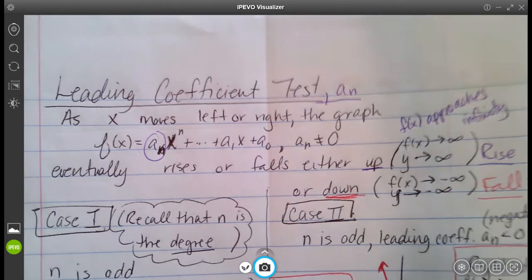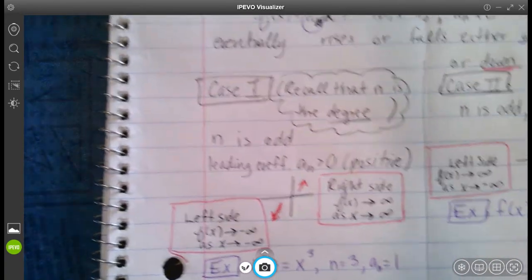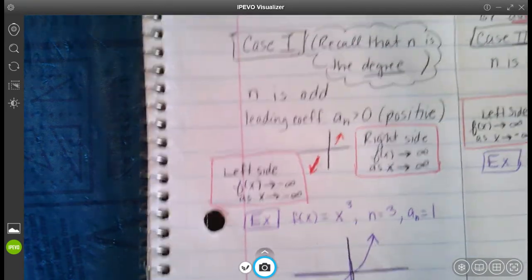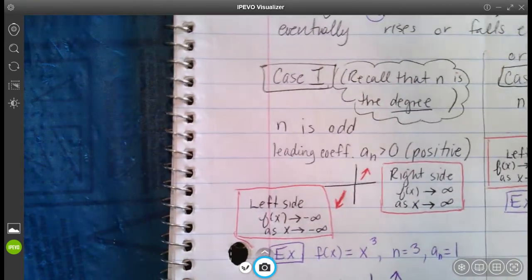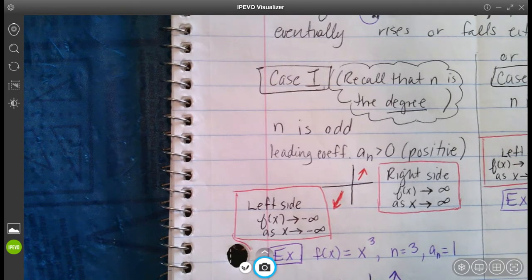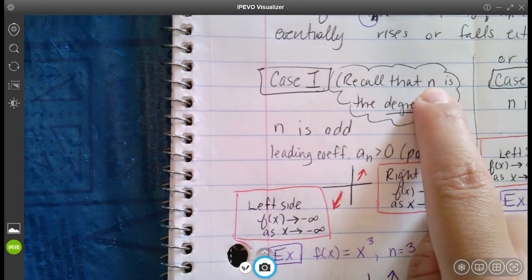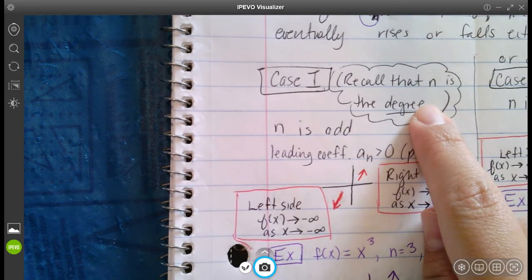So let's focus on one case at a time. Let's do case number one, the top part first. Before I go into all this notation, recall that n is the degree of the function.